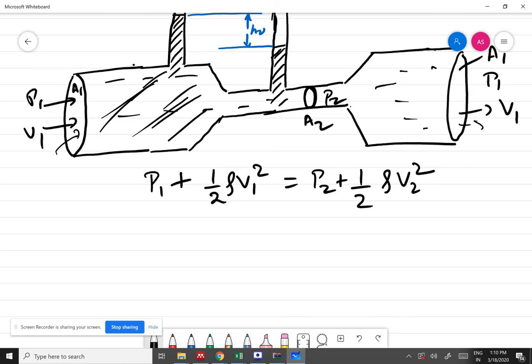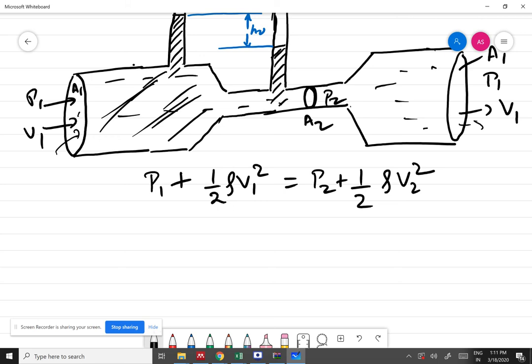The height term, there will be rho gh, but rho gh1 is equal to rho gh2. So if I put rho gh on this side and rho gh on this side, both of them get cancelled. That's why I'm not putting rho gh on both sides, because the thinner tube and the higher diameter tube both are at the same height from the ground.